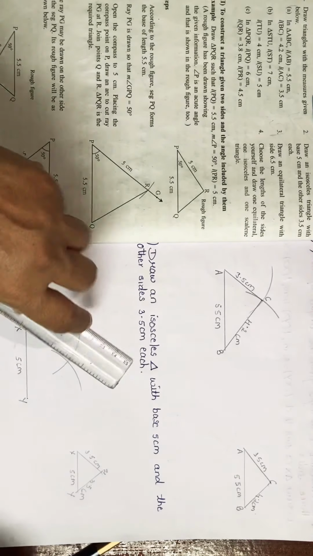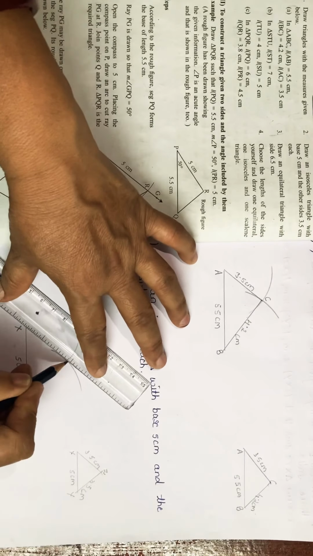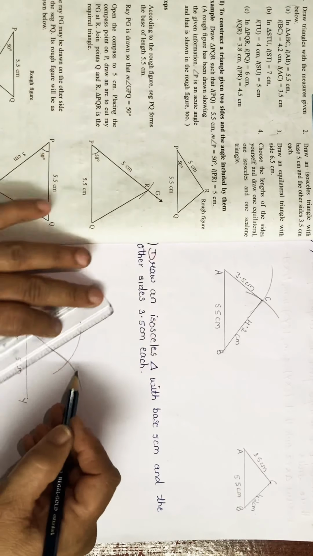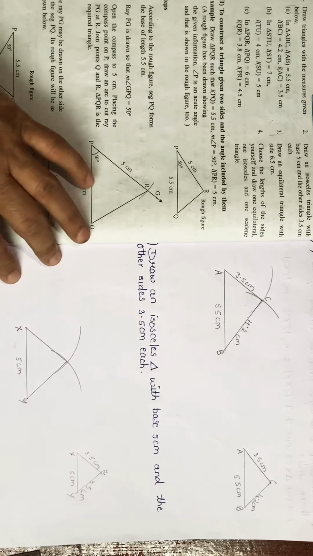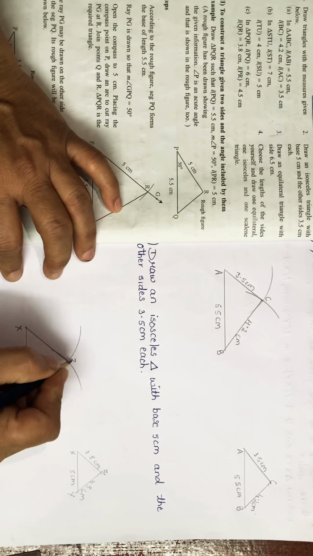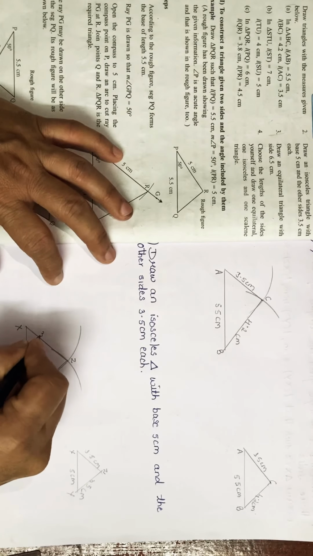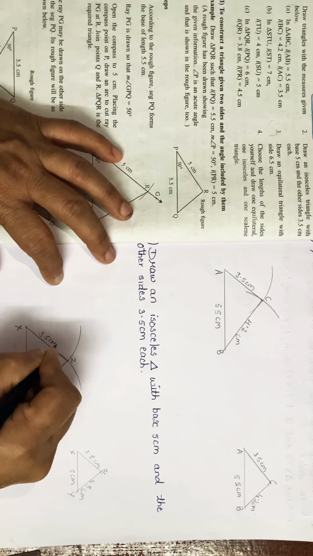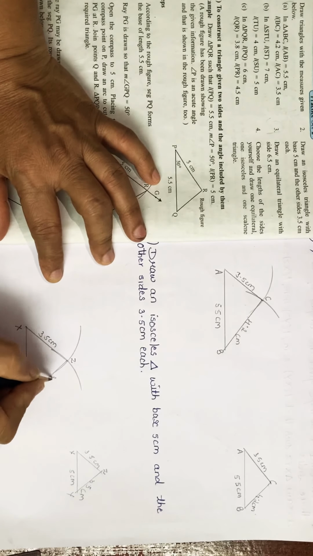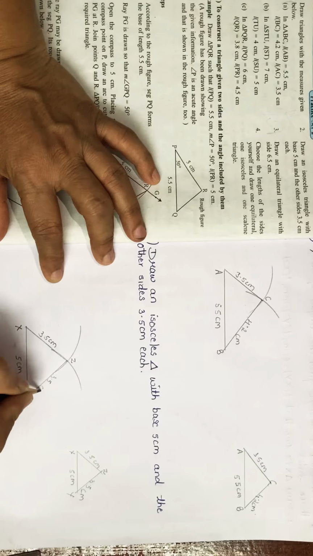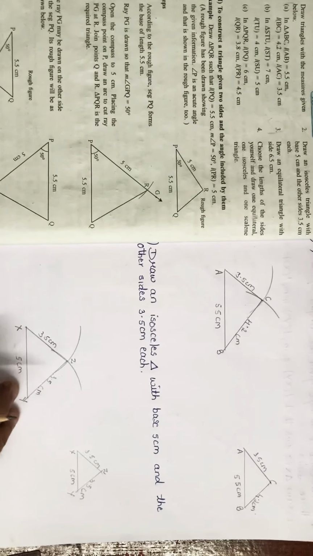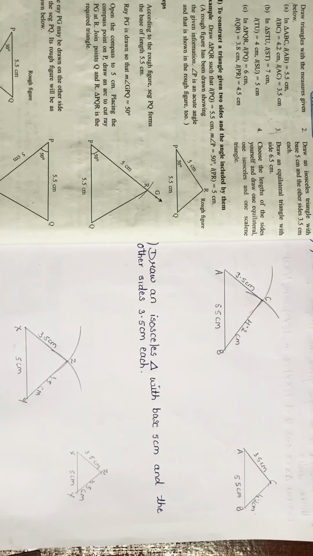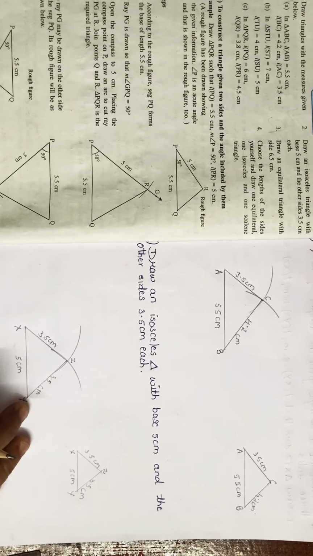Now let us join these points. So this is your Z point. And here this is 3.5 centimeters. The other one is 3.5 centimeters. So this is the required isosceles triangle. You can draw it the other side also. Okay, I hope you have understood this.